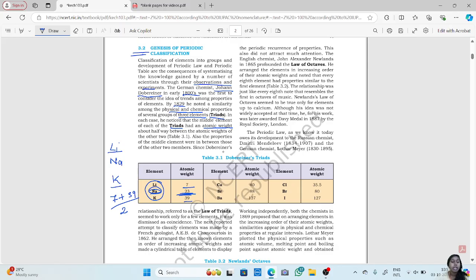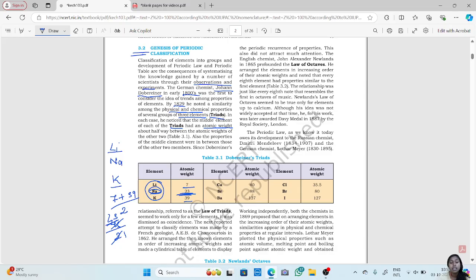Halfway means if we add these 2 numbers, 39 and 7, it becomes 46. 46 divided by 2 is 23. 23 is the atomic weight of sodium. So this is what Döbereiner had stated.